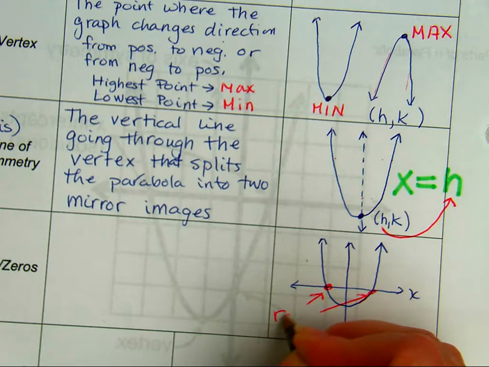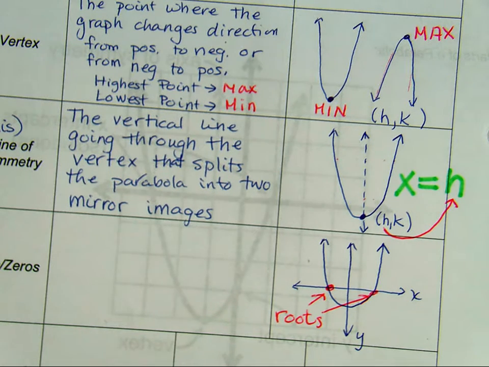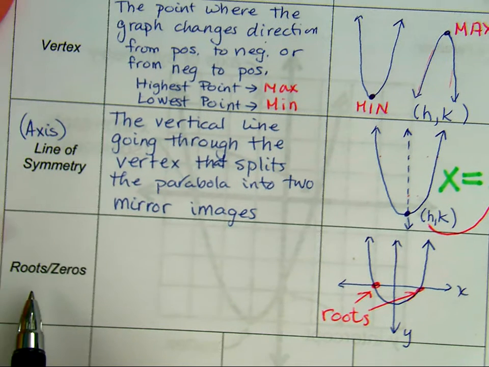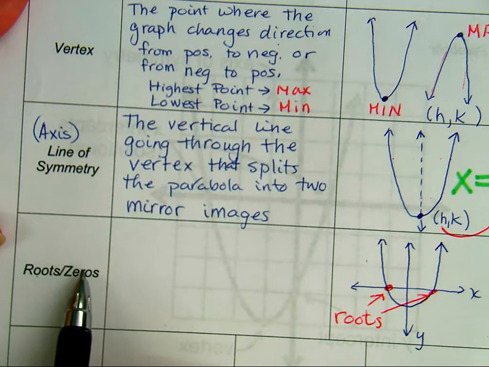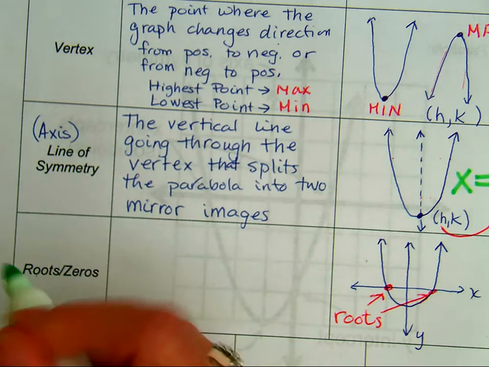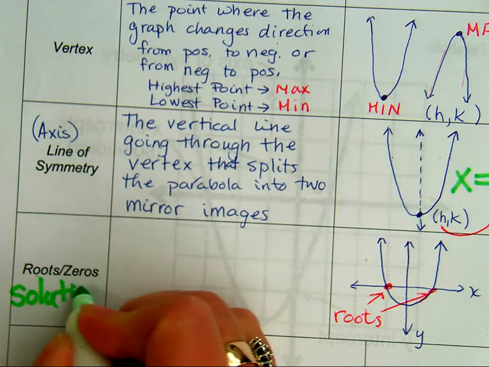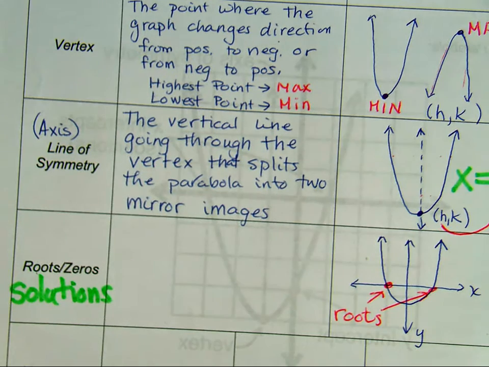Now, in the calculator that we use they are called roots, so we'll make that our main word. But if you're taking any of those state exams or my exam, be prepared for them to call it roots, zeros, and solutions. When we solve quadratics, this is what we're looking for, these points.